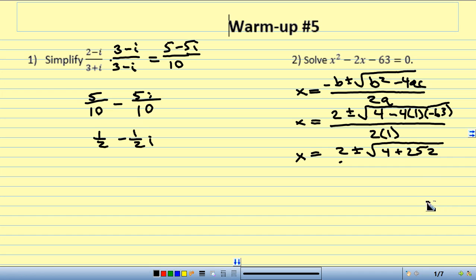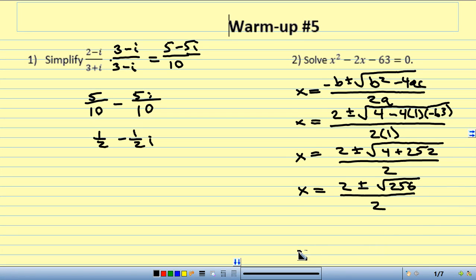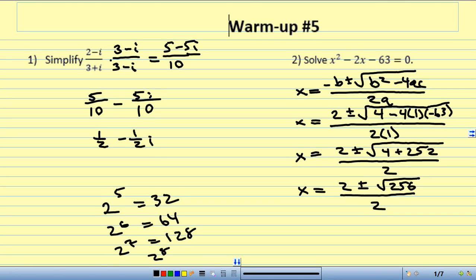That's all over 2. So I've got x equals 2 plus or minus the square root of 256 all over 2. Now 256: 2 to the 5th is 32, 2 to the 6th is 64, 2 to the 7th is 128, 2 to the 8th is 256.